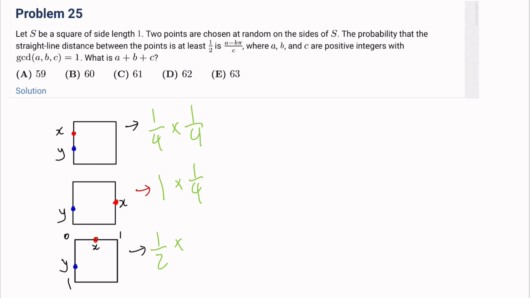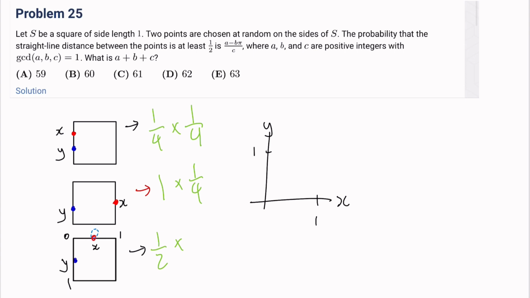And so let's make kind of like a graph similar to what we did in the first part. So if we make a graph like x and y, and x can be maximum 1 and y can be maximum 1, right? Actually, let's talk about it in terms of x.